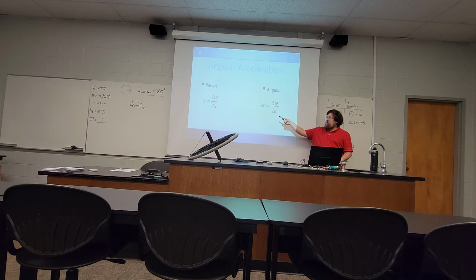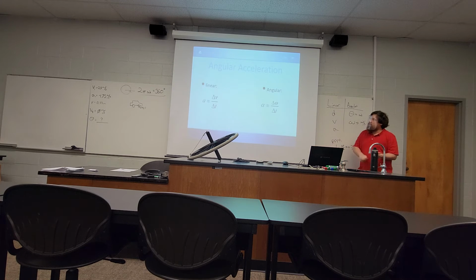So linear acceleration is change in velocity over time. Angular acceleration, this is a lowercase alpha, is change in angular velocity over change in time. Same formula, same logic, just new Greek letters and using radians instead of meters.